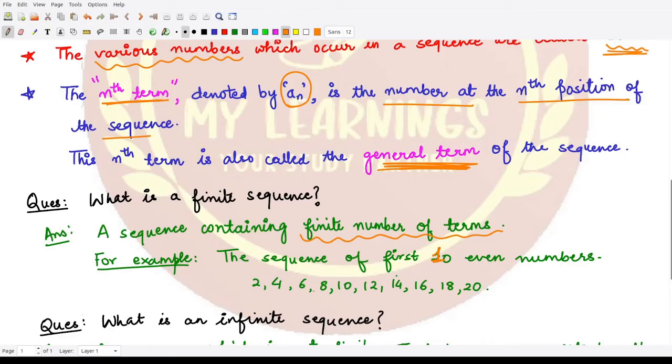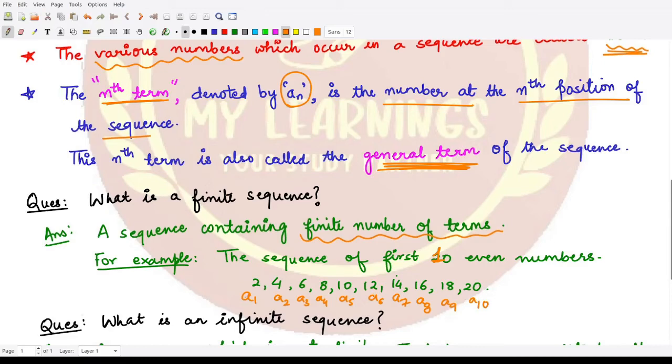They are 2, 4, 6, 8, 10, 12, 14, 16, 18 and 20. Here we can count the number of terms. This is a1, a2, a3, a4, a5, a6, a7, a8, a9 and a10.